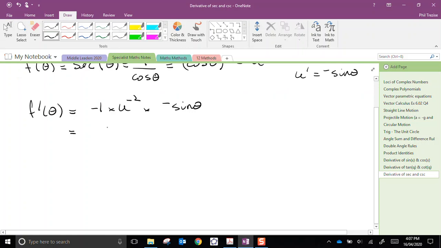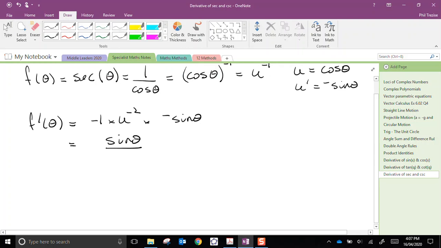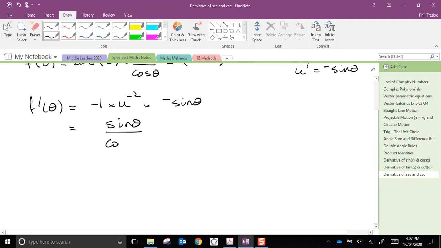What does this look like? Negative 1 by negative sine theta is sine theta, divided by u squared. U was cosine squared theta.